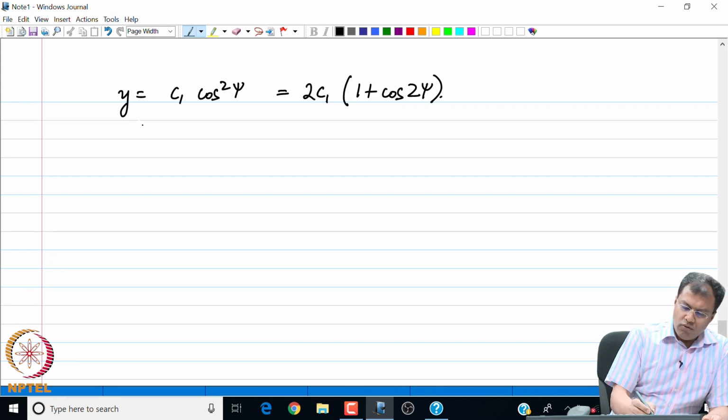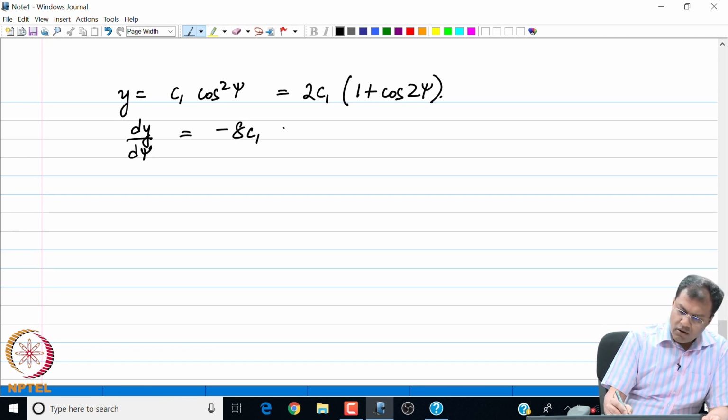So now to figure out the expression for x as a function of psi, let us first differentiate this expression with respect to psi. So we see that dy by d psi is equal to negative C1 cos psi sin psi, right.